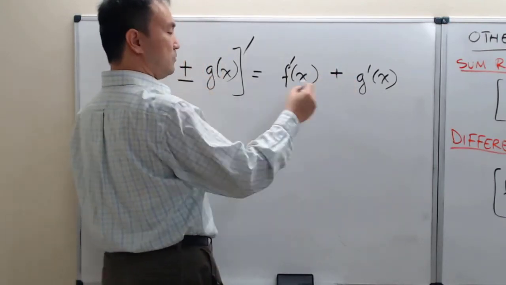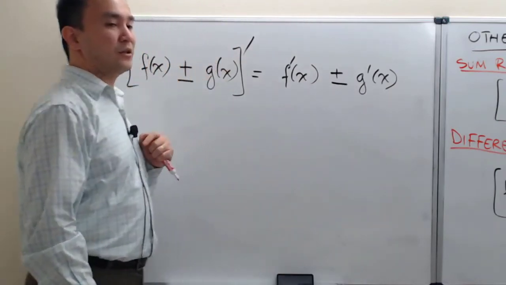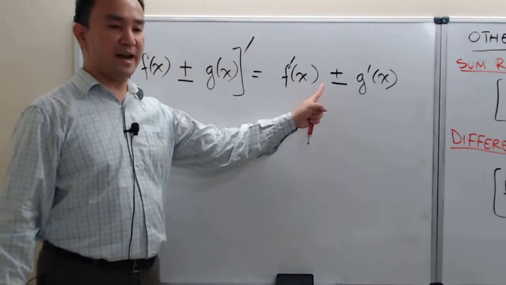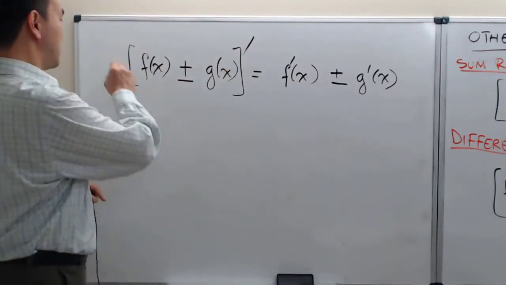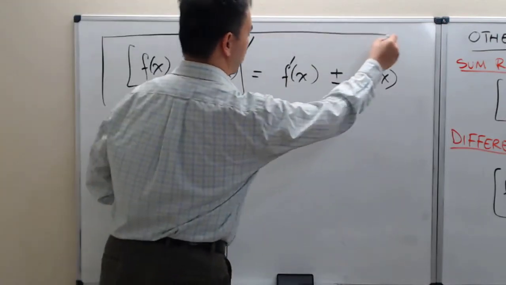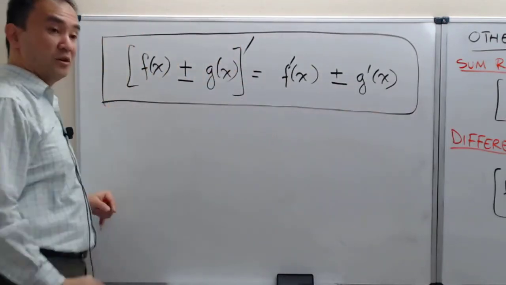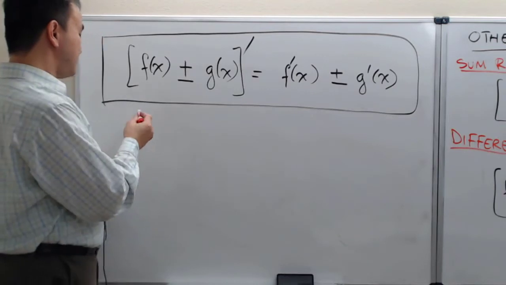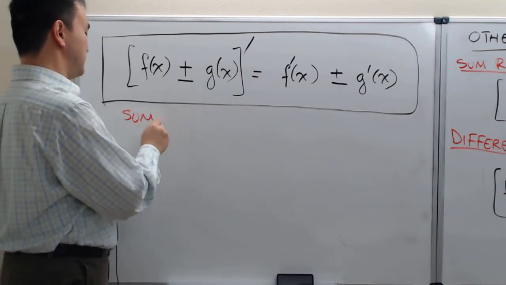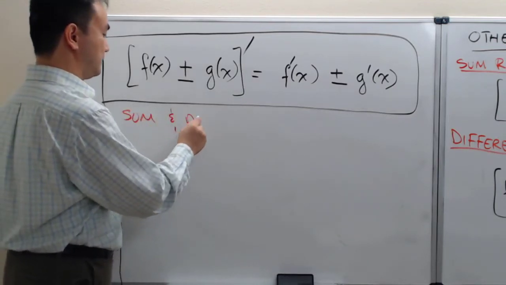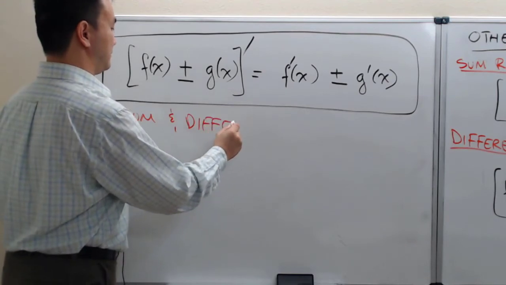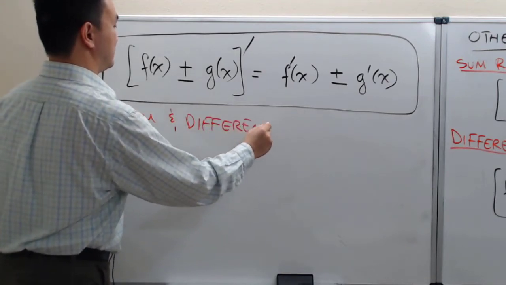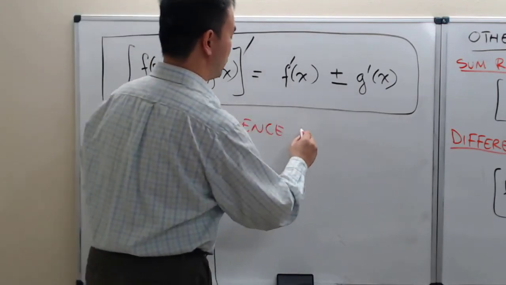If it's a minus, we subtract the two little derivatives in the same order how they started out. Okay, so this is another combined version, the sum and difference rule.